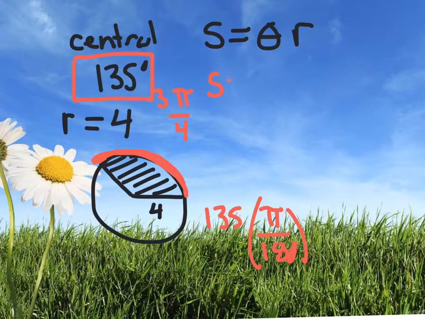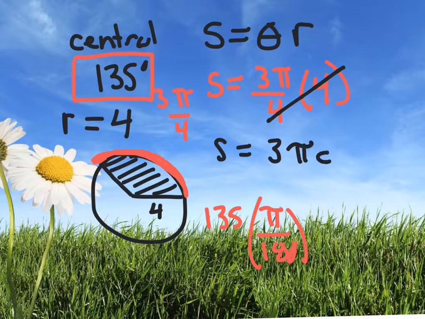So the way I would do this is the arc length is 3/4 pi times 4. The 4 is in this case canceled, and so we find out that 3 pi is the length if I was walking along the edge of this circle. I would walk a total of 3 pi in length.